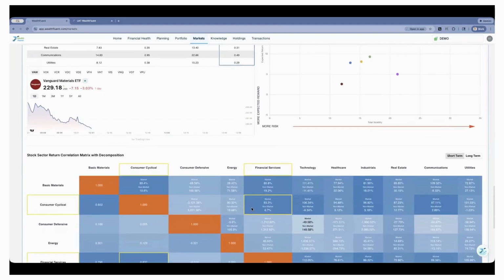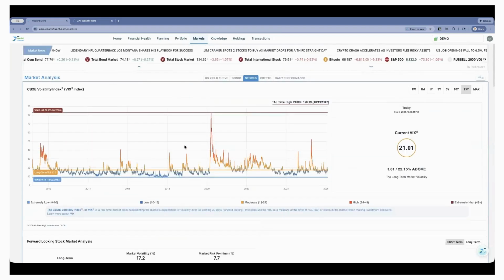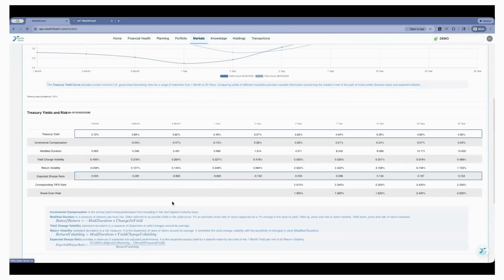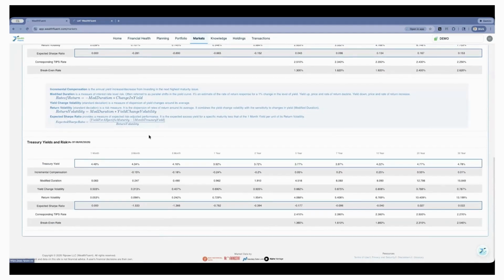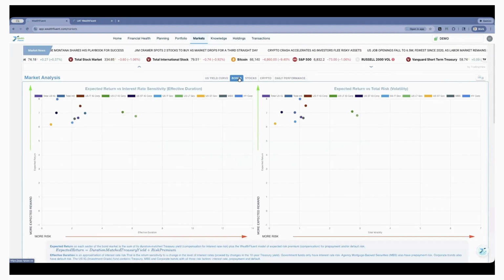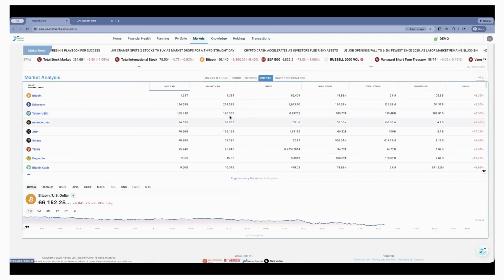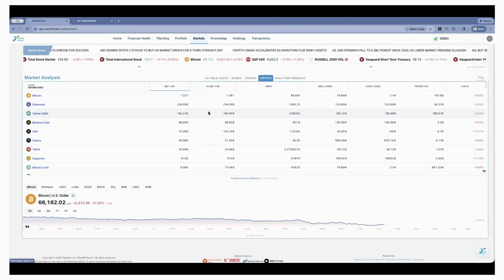And a lot of this is what actually drives the automatic pieces of the platform and the choices in the plan. The other big indicator is the US yield curve and understanding all the pieces in the bond market and performance. And we keep the major cryptocurrencies as well.